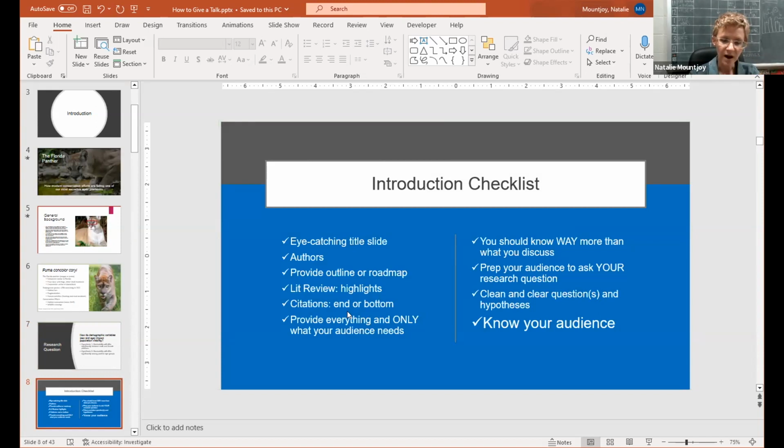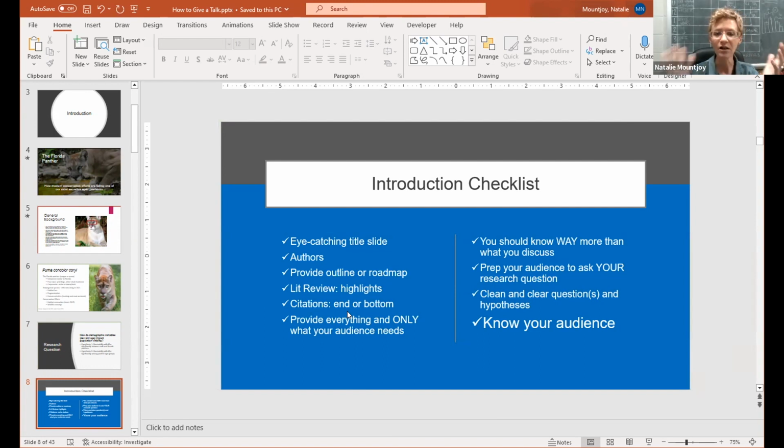The last little piece is probably the most important, and this is make sure that you know your audience. Now you might be talking to a general audience who's interested in learning or in research or in your particular discipline, or maybe even a really, really narrow part of a subdiscipline of a discipline.